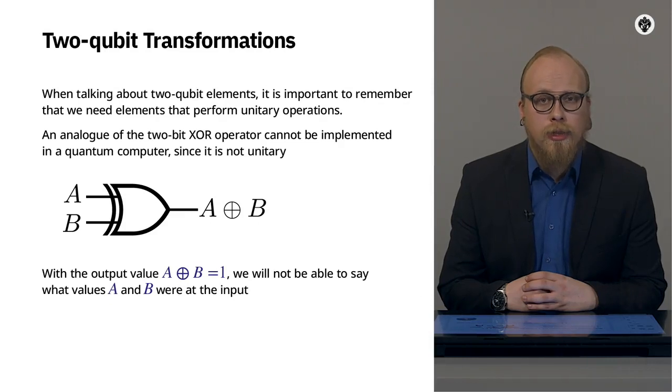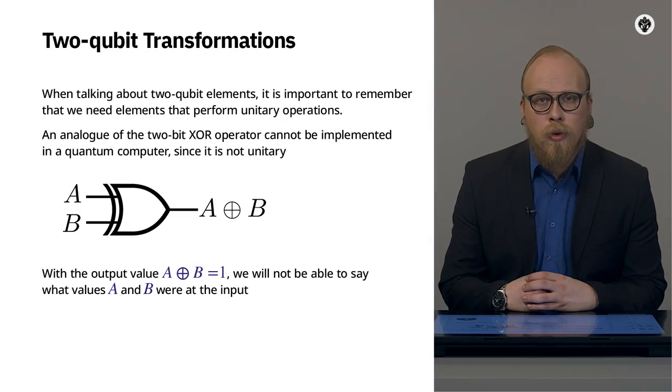Let's now generalize to the case of multiple qubits. When talking about 2-qubit elements, it is important to remember that we need elements that perform unitary operations. For example, a direct analog of the 2-bit XOR operator cannot be implemented in a quantum computer since it is not unitary. In other words, it is fundamentally irreversible.